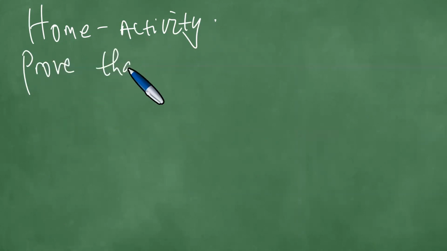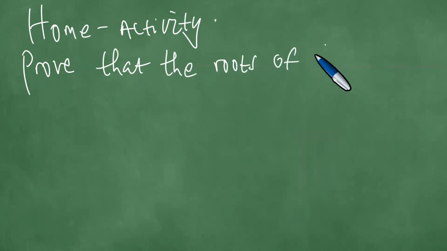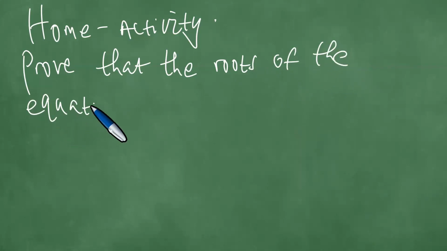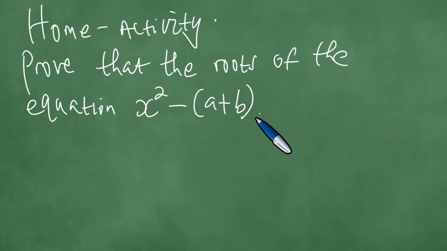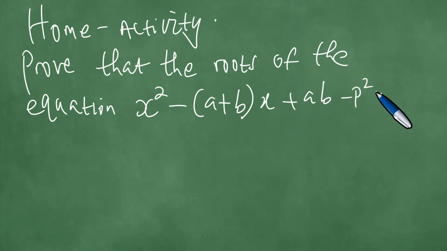Prove that the roots of the equation x squared minus (a plus b) x plus ab minus p squared equals 0 are real.